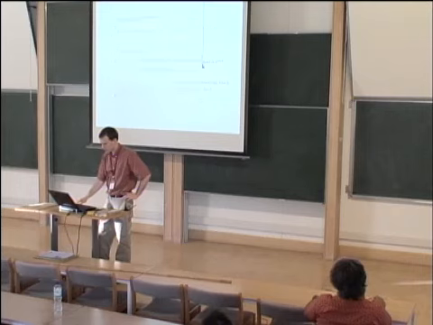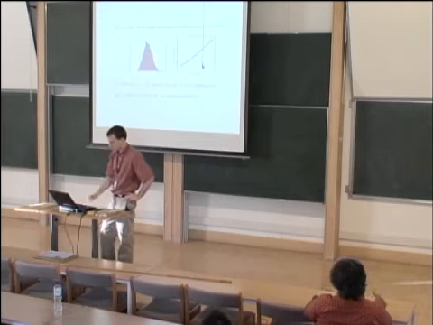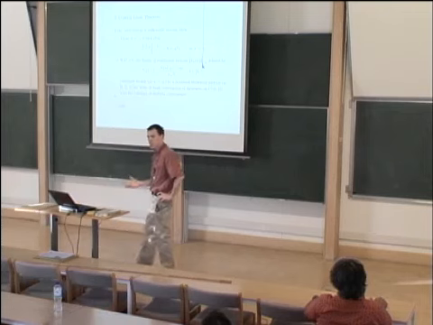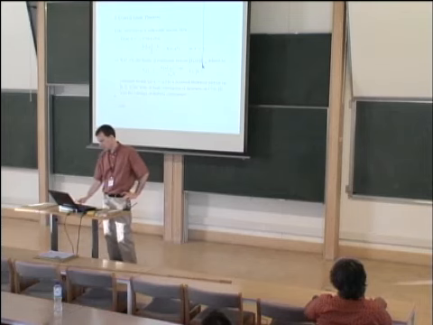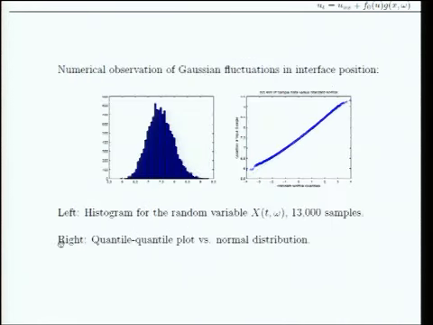Let me say a bit about, let me show this first. So this is an asymptotic result. However, you can observe Gaussian fluctuations on reasonable time scales. If you do a numerical simulation, we see Gaussian fluctuations. This is a histogram from many realizations, and a quantile plot showing that the distribution of the interface position is very close to Gaussian.